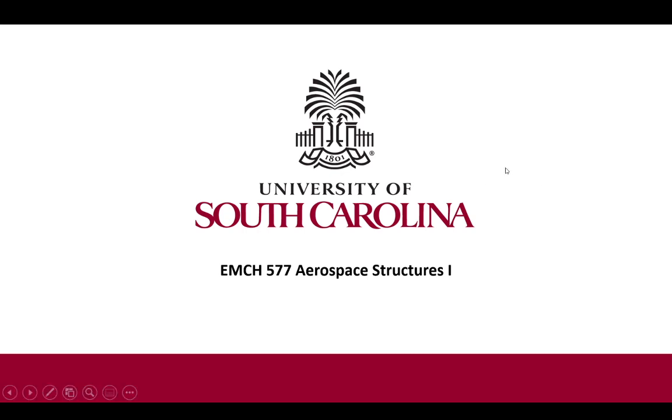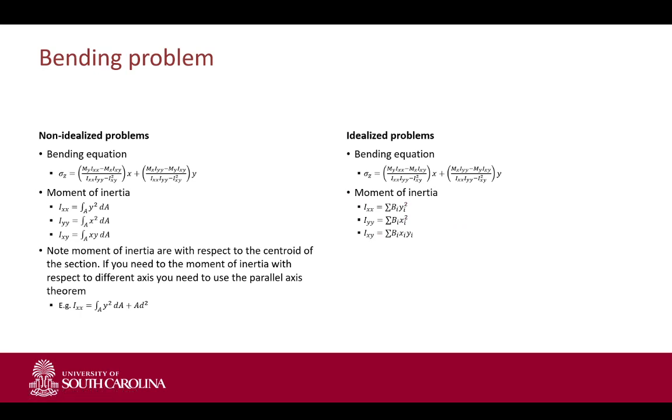Okay, perfect. So the first topic that we discussed was bending, and the bending equation is shown here. So first of all, for any of the problems, bending, torsion, shear, we can split up between a non-idealized problem, where we take into account the thickness of the structure as is, or an idealized problem, where we have booms that represent the skin and the area of the skin and stiffeners.